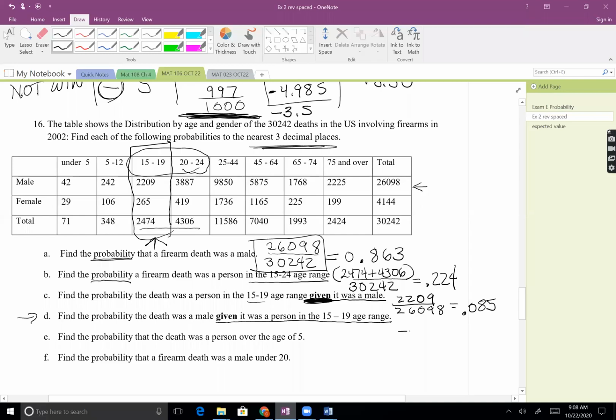And so here my sample space is 2474. How many of them are men? The same, 2209. And so this gives me 0.893.